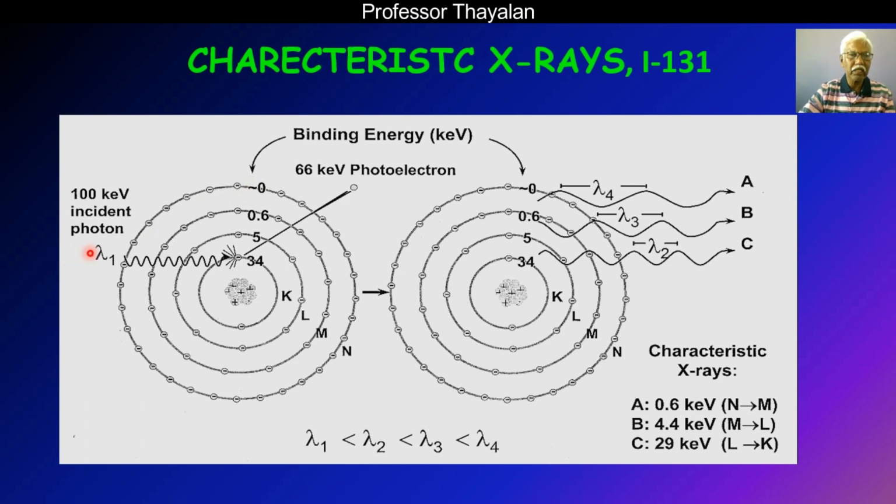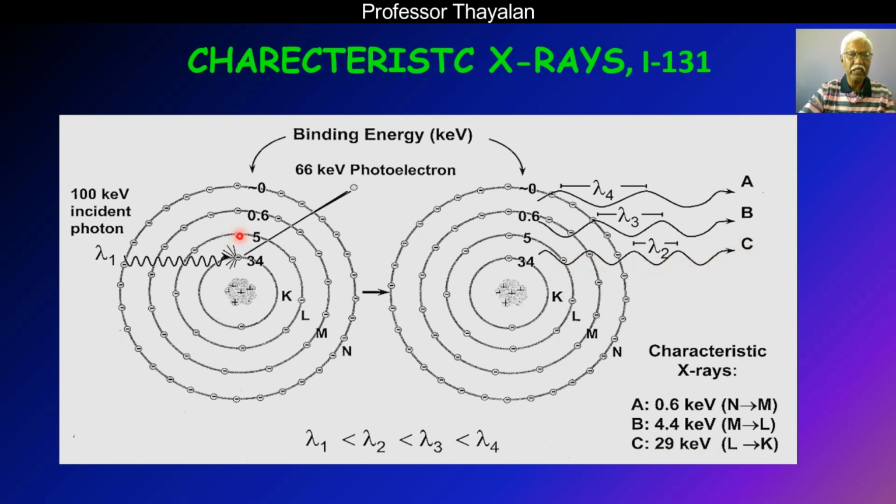Suppose the incident photon interacts with this K shell and removes this electron as photoelectron, there is a vacancy in the K shell. This vacancy can be filled from the L shell. The transition from L to K gives 34 minus 5, it is 29 kilo electron volt, which comes as in the path C.